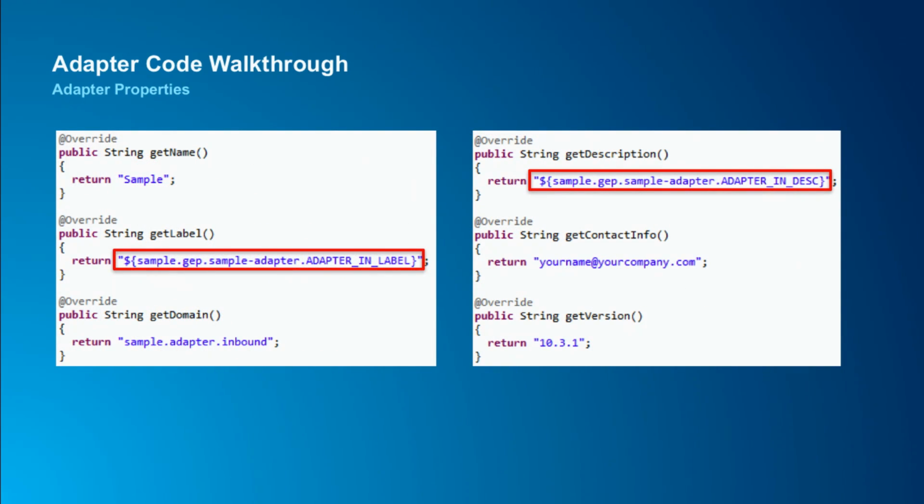In addition to creating a GeoEvent definition, the adapter definition class also defines the same attributes about the adapter as we saw in the transport definition XML, such as name, labels, description, domain, and contact. Here we see again the pattern used to bring localized strings into the XML or Java class when you are not using a log method.